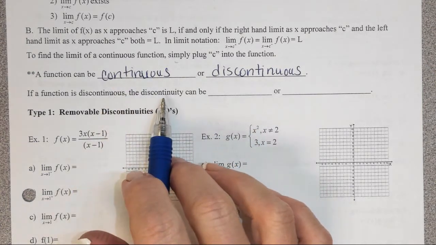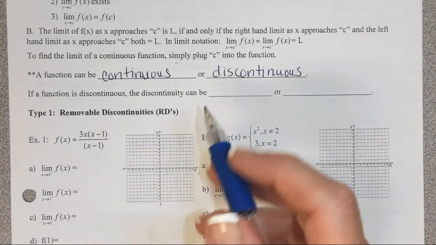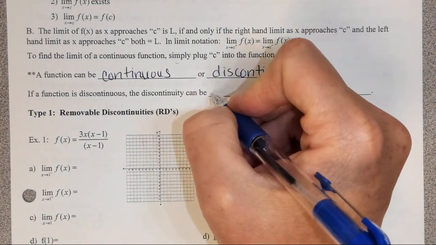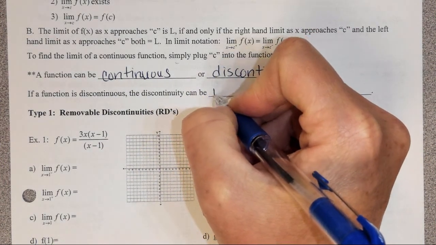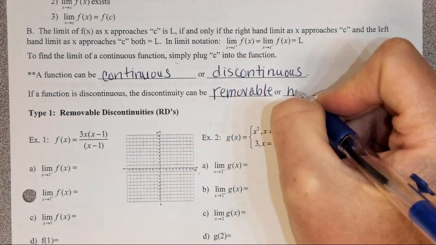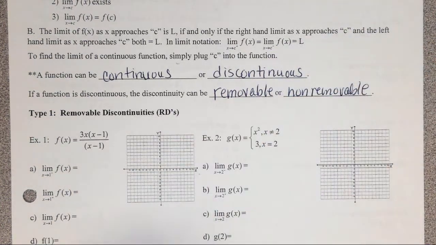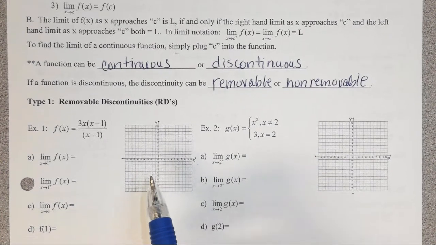If the function is discontinuous, that discontinuity can be one of two types. What did we say the two types were? Removable, and what was the other one? Non-removable. All right, so three types: continuous, removable discontinuity, or non-removable discontinuity.